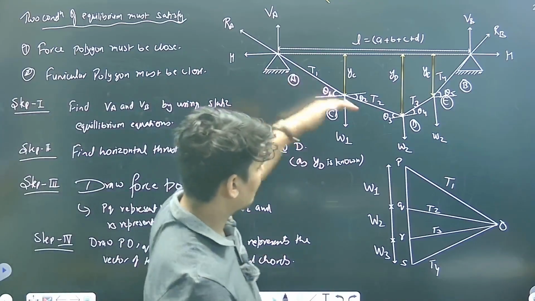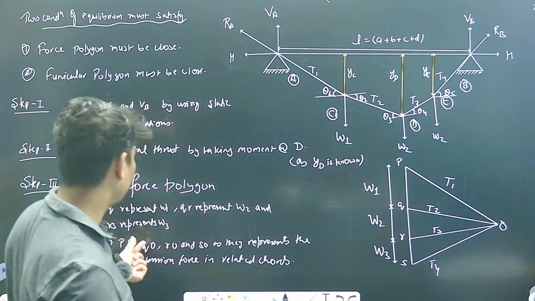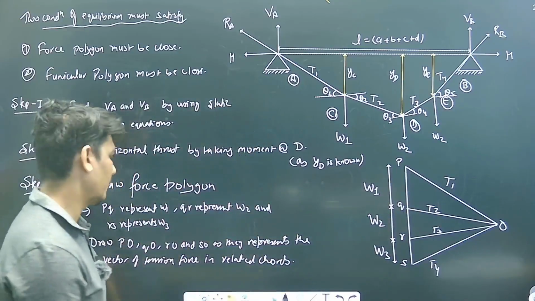Okay, related chords में T1, T2, T3, T4, PO, QO, RO, SO डिनोट करते हैं.